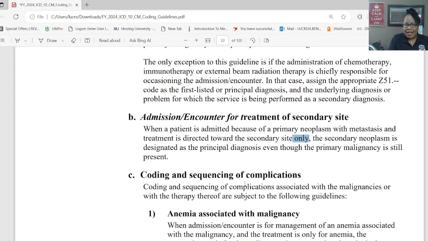They're not coming in for that primary malignancy. They're coming in solely for the purpose of the secondary neoplasm. Then that secondary neoplasm becomes your primary code or your principal first listed code.